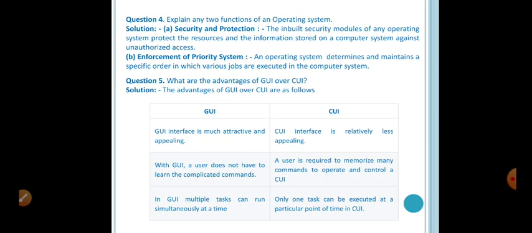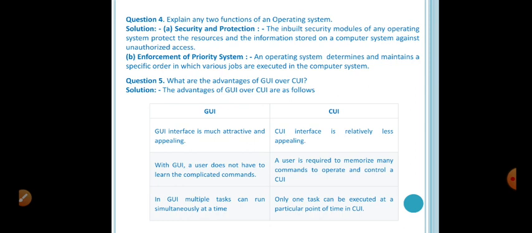Now next answer, what are the advantages of GUI over CUI? GUI means graphical user interface, whereas CUI means character user interface. Now see the differences. In GUI the interface is much attractive and appealing, whereas the CUI interface is relatively less appealing due to no graphical interface.